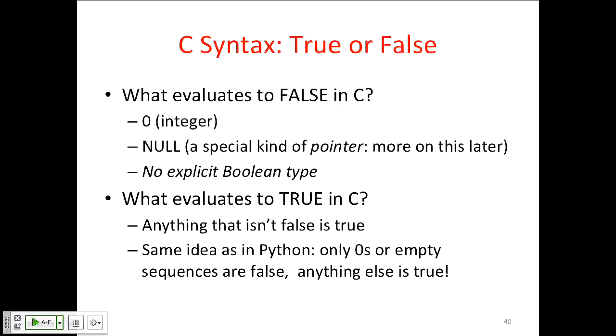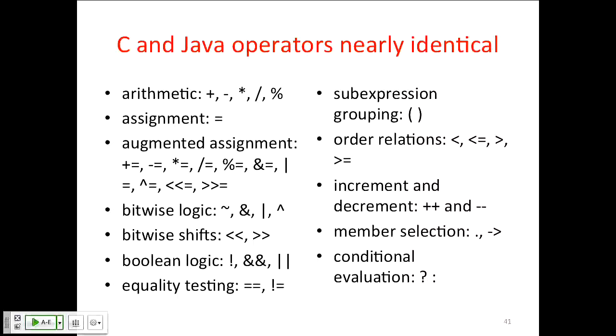That also evaluates to false. Basic C doesn't have an explicit Boolean type, right? It just relies on ints being 0 or not 0 for a lot of these checks. So true is anything that isn't false, right? So 0 is false, null is false. Everything else is true. It's kind of like Python in that way.